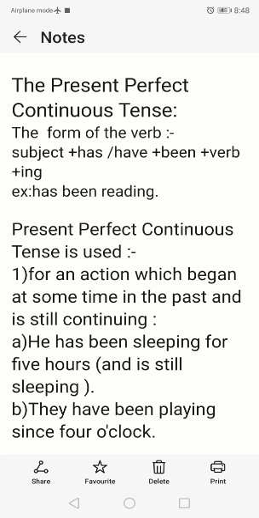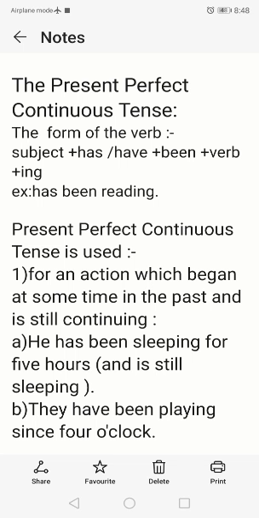And different uses of present perfect continuous tense. First one, present perfect continuous tense is used for an action which began at some time in the past and is still going on, still in progress. The action which has begun in the past, at the time of speaking, is still in progress, and it may continue in the future too.